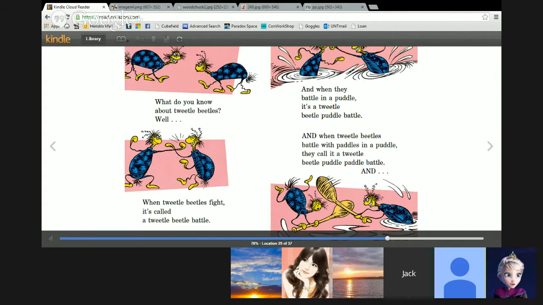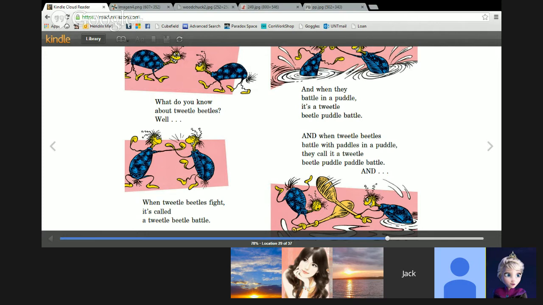Good. Now make sure that for tweedle and beetle it's the E sound. It's not twiddle, biddle. It's tweedle, beetle. So try saying that for me. Tweedle, beetle. Yeah, there you go.